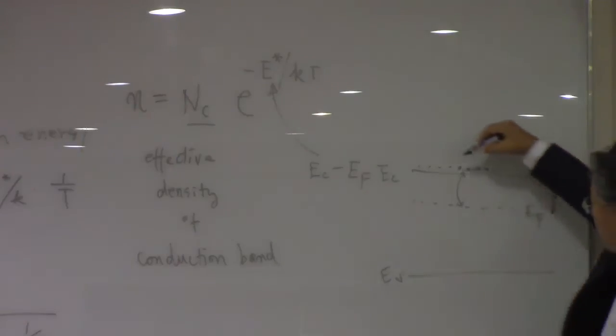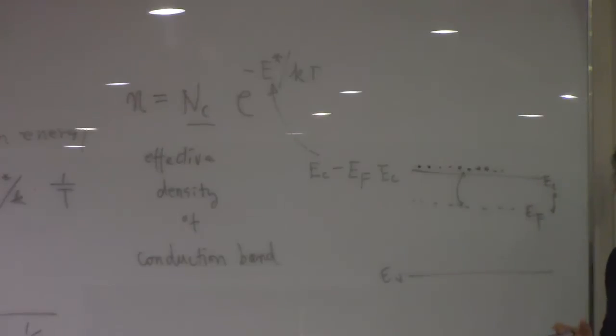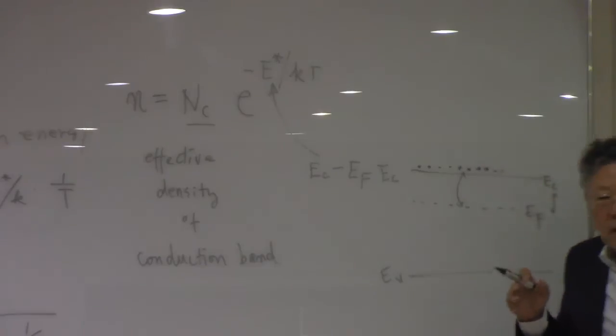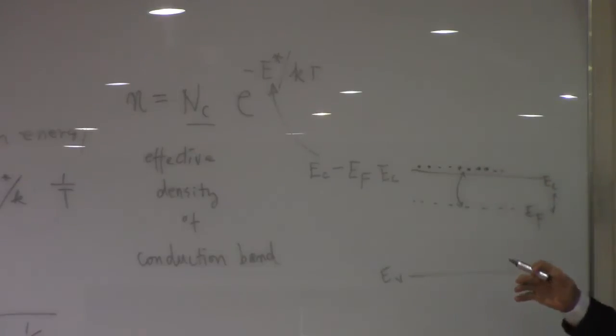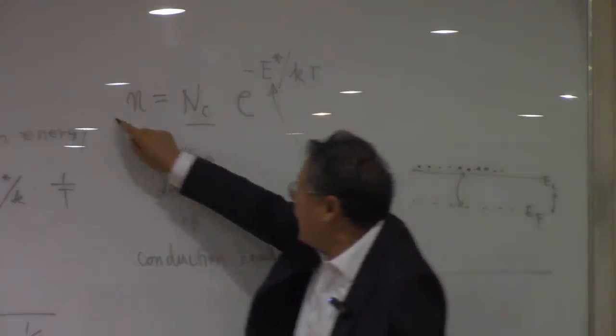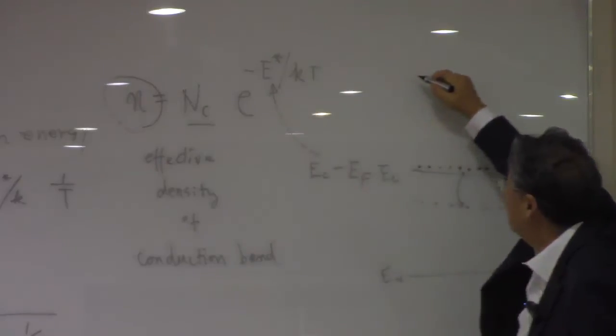So the particles which successfully overcome the energy barrier corresponding to this gap should be called the conducting electrons, that is, the free electrons. So this n really contributes to the conductivity of the materials.